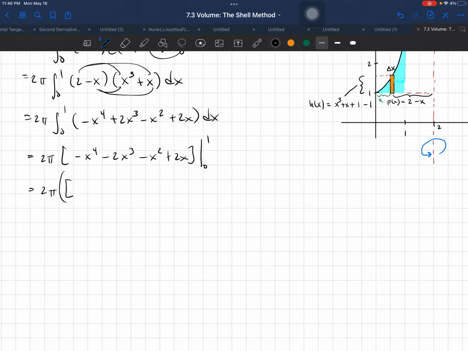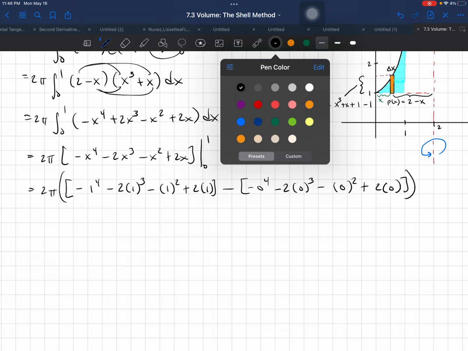Now we're just going to plug it in. First, plug in the 1s. Big minus. Now let's plug in zeros. Should we even bother writing it? It's zeros, so we shouldn't, but I'll go ahead and write them, just so we can do good practice.